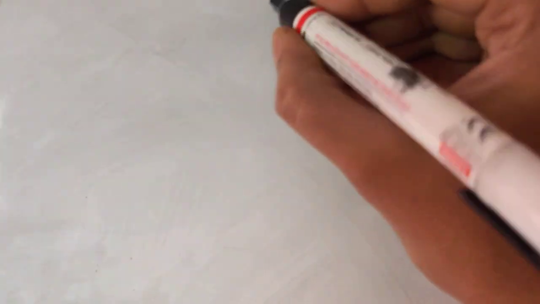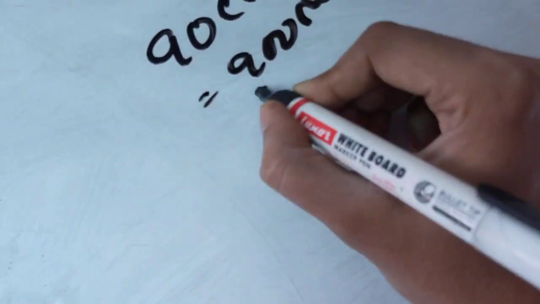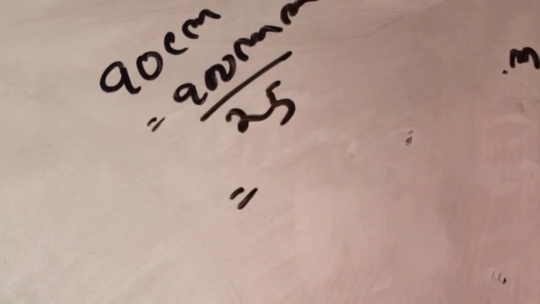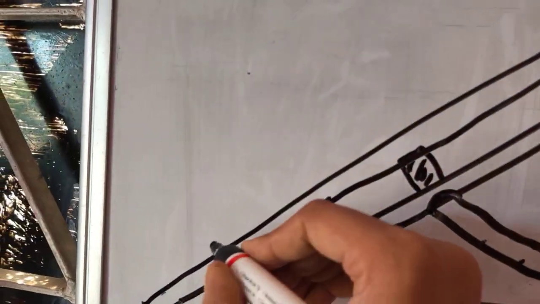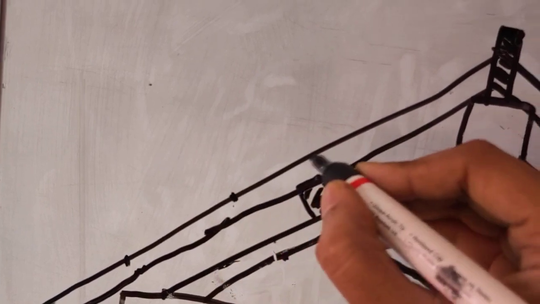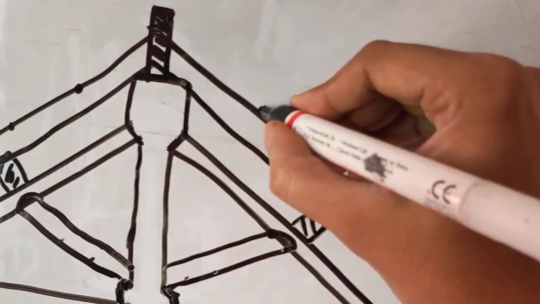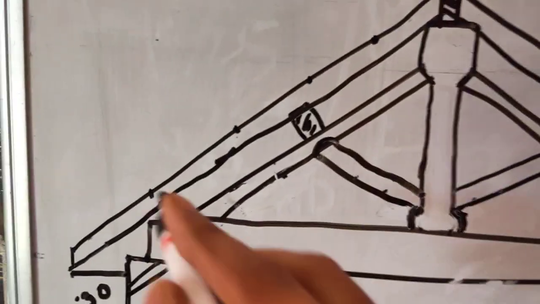So 90 centimeter means 900 millimeter. Our scale is 1:25, so this is 36 millimeter. So at every 36 millimeter you mark on both sides, and at these points you provide the battens.